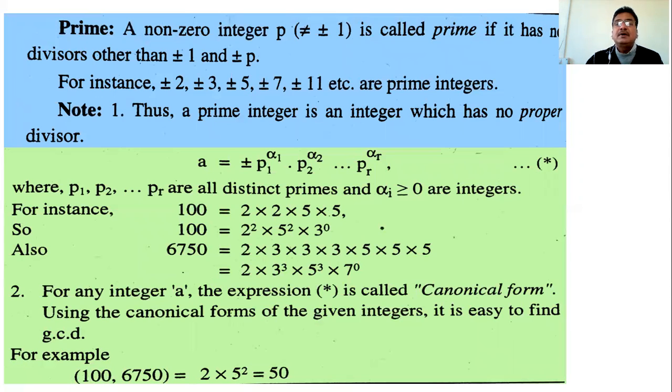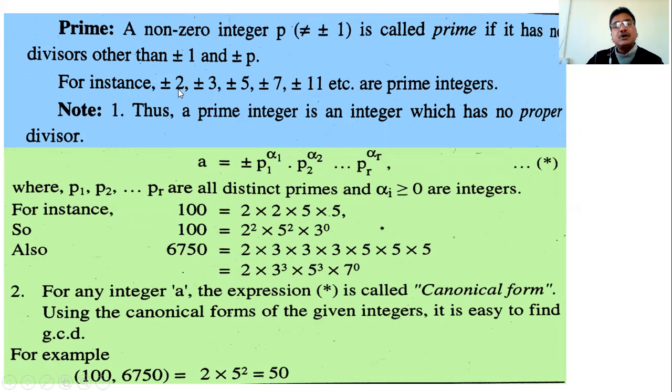Then 10 is not a prime integer. 11, plus minus 11, is a prime integer, or prime number. Because what are the divisors of 11? Itself, plus minus 11, and plus minus 1. 11 has no proper divisor. This is not the list of odd numbers or even numbers.